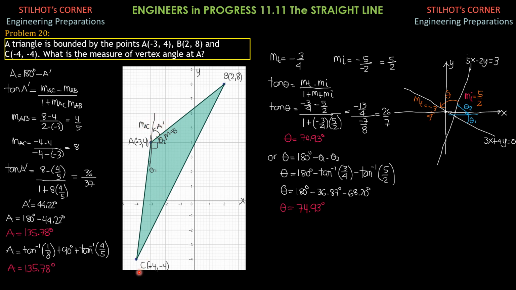The extension of line AC would be the slope of the terminal side of angle A prime, and the initial side would be that of AB, whose slope from the figure is positive because it is inclined up. So therefore, the measure of angle A is 180 degrees, the straight line angle, minus A prime.